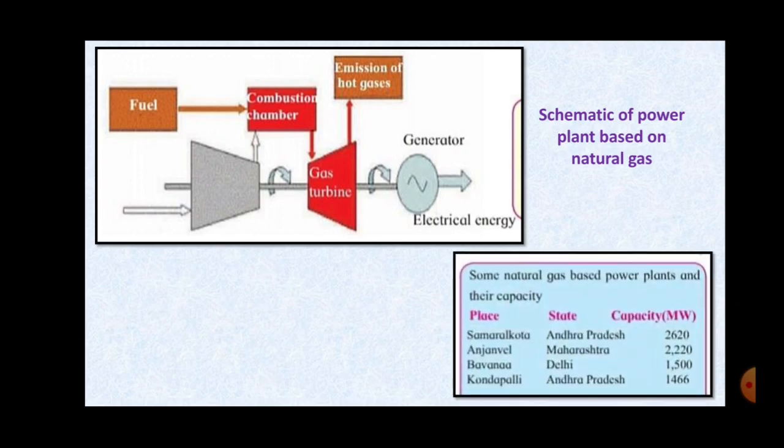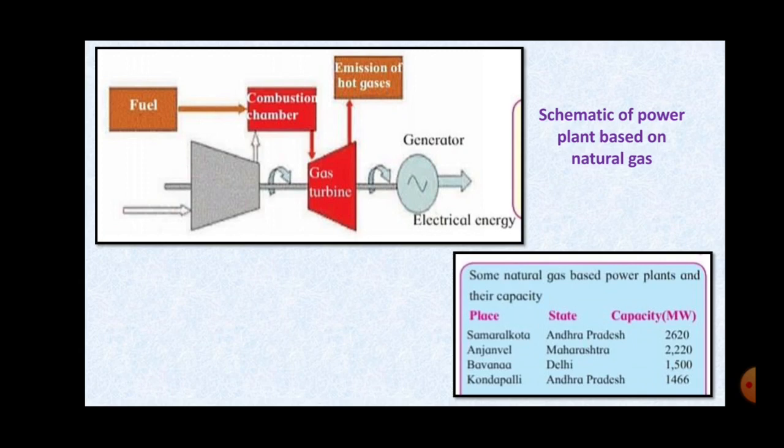So this is all about power generation plant based on energy of natural gas. Then there are some natural gas based power plants and their capacity in India. The place is Samalkot in Andhra Pradesh, where 2620 megawatt capacity of electricity is generated. Then in Maharashtra, it is Anjanvel, where 2220 megawatt of electricity is generated.